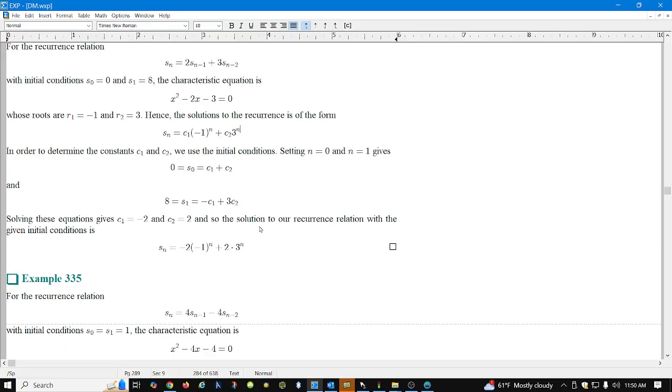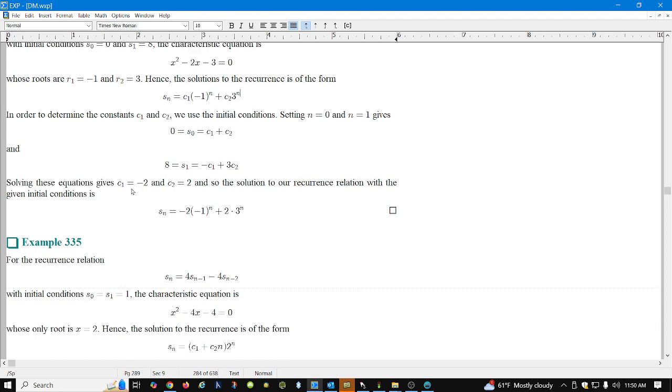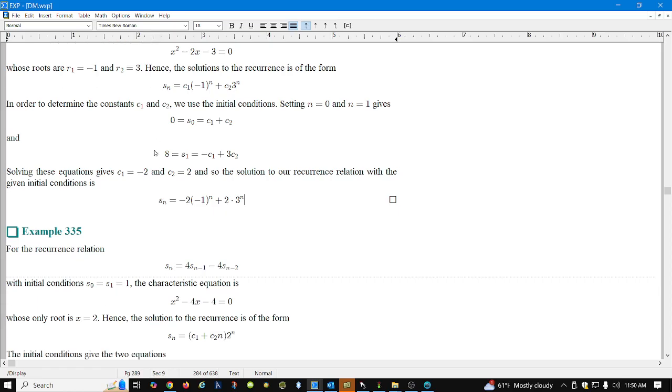So we have two equations and two unknowns. Solving them gives us C1 equals negative 2, C2 equals 2, and here is the solution. Okay. The hard work's been done for us. Solving these problems is just high school algebra, solving the characteristic equation.